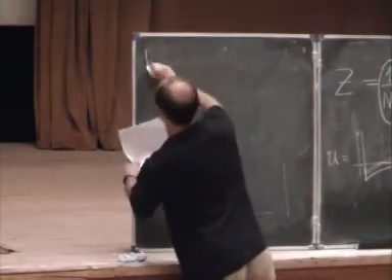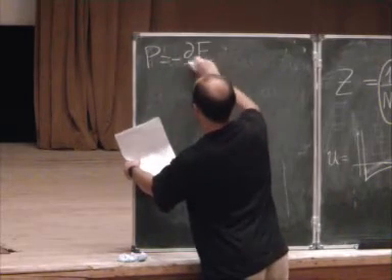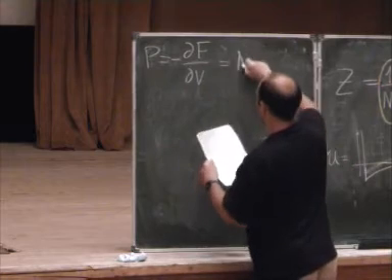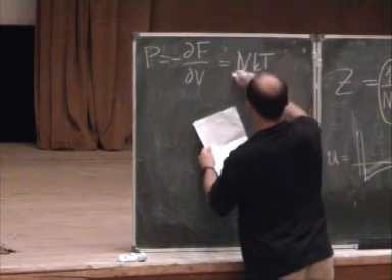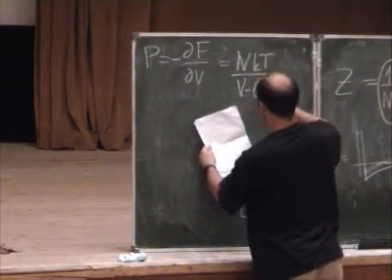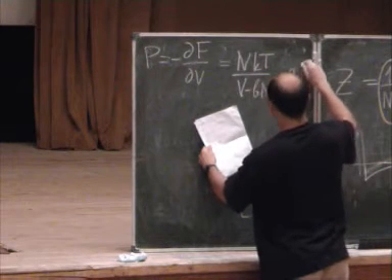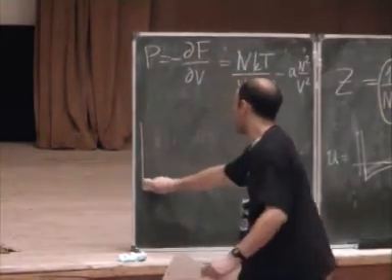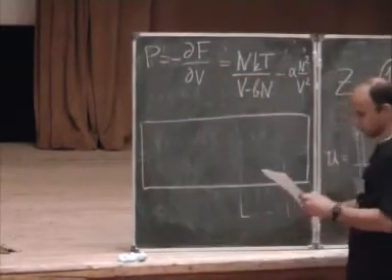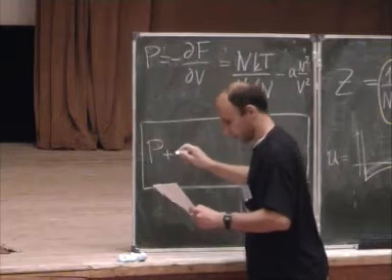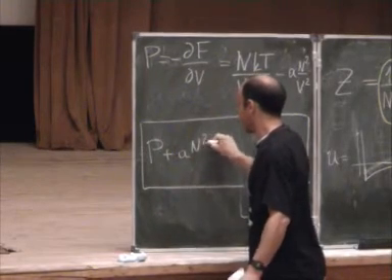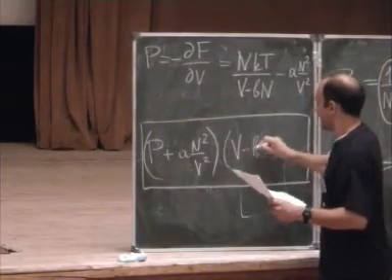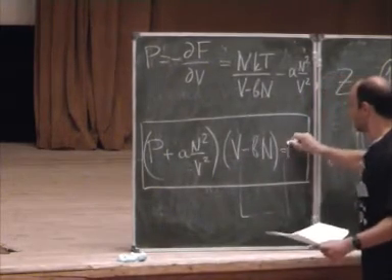Right, so now I can compute p, which is equal to minus dF over dV, which gives me nkT over V minus bn, minus a n squared over V squared. So there is the state equation of this gas: p plus a n squared over V squared, times V minus bn, equals nkT.